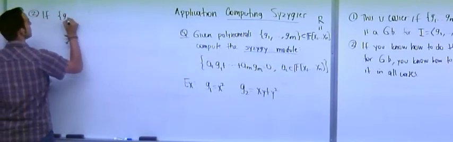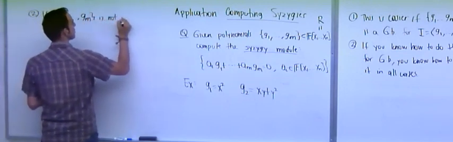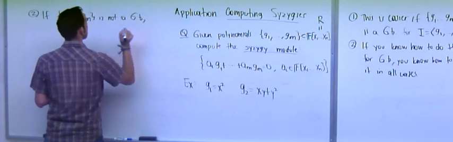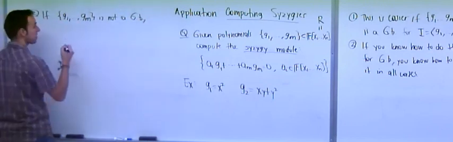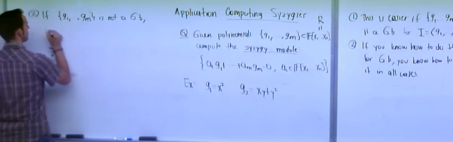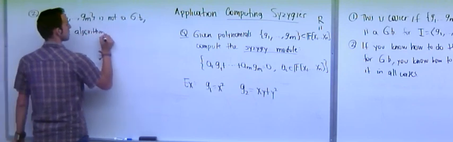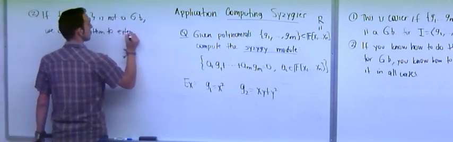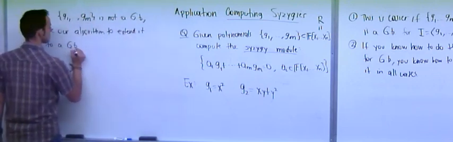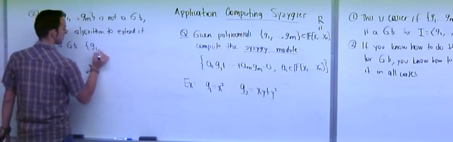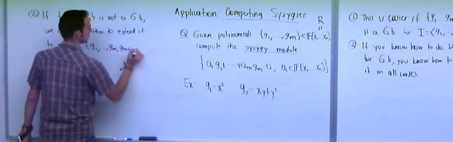If G1, ..., Gn is not a Gröbner basis, then we can use our algorithm for building a Gröbner basis, to extend it to a Gröbner basis that starts with the same guys and then continues with some other ones.